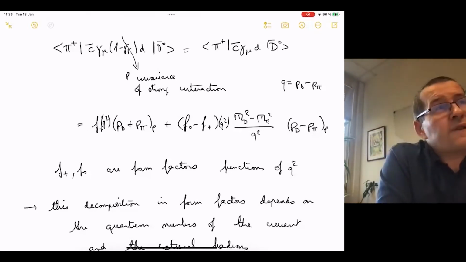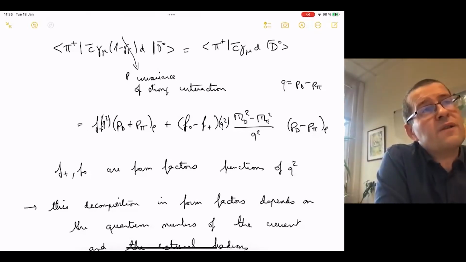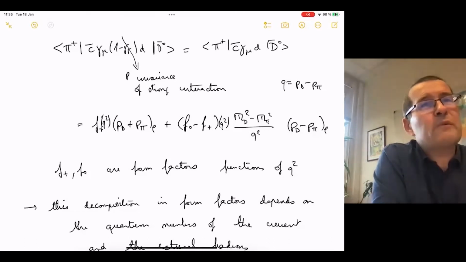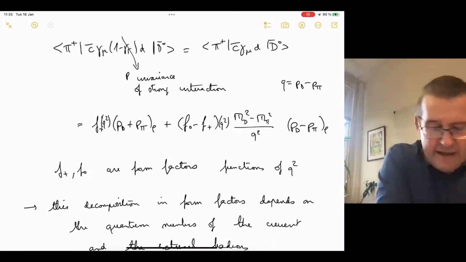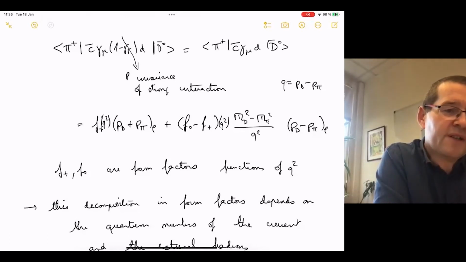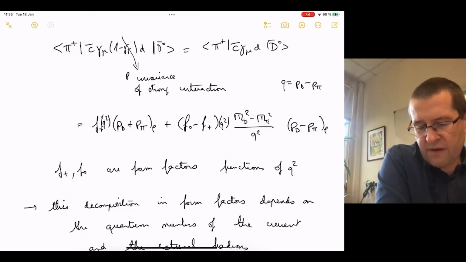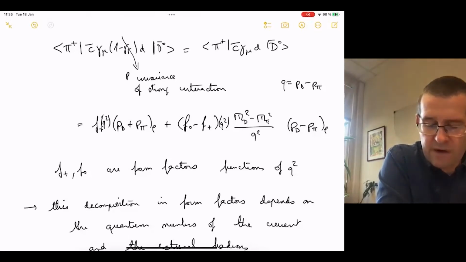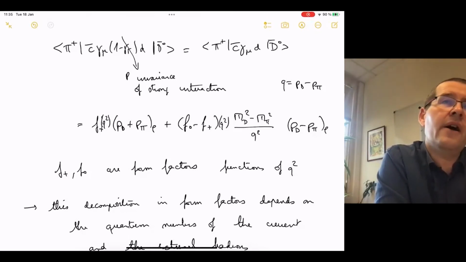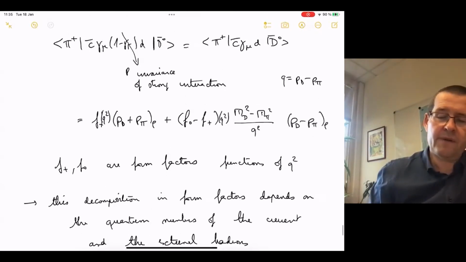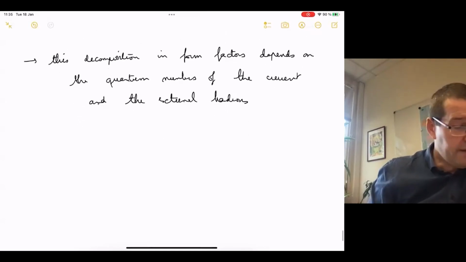You can even start thinking what would happen if we were considering baryons, and that starts being a bit more tricky. How you handle the fact that you've got half spin quantities to consider. So you see that actually the number of form factors and the structure depends very much on those quantum numbers, both at the level of the current and at the level of the external states.